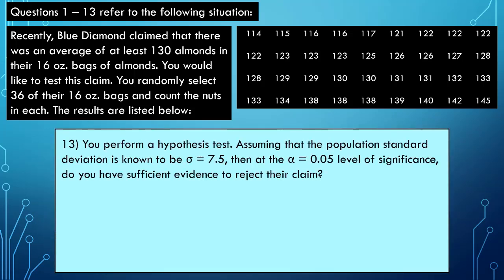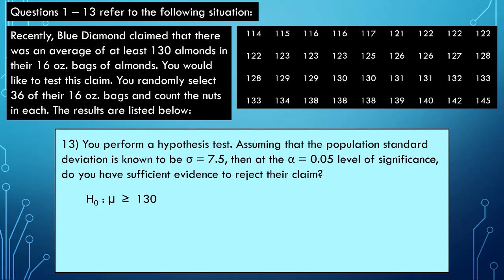You perform a hypothesis test. Assuming that the population standard deviation is known to be sigma equals 7.5, then at the alpha equals 0.05 level of significance, do you have sufficient evidence to reject their claim? Okay, so we've already got our hypotheses.